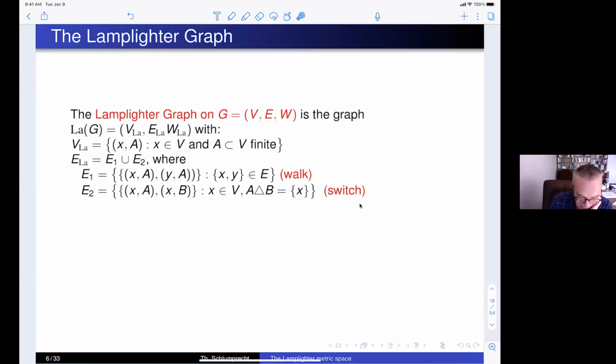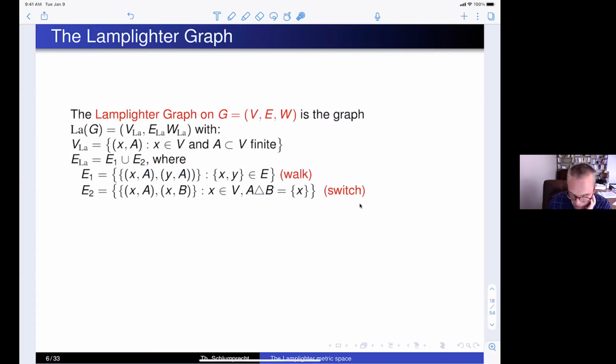The first kind: an edge between (x, A) and (y, A), so the second coordinate is the same, such that xy is an edge of our starting graph, and we call this a walk. The other kind of edge is between (x, A) and (x, B), where the first coordinates are the same. And we require the symmetric difference of A and B to be exactly the singleton {x}.